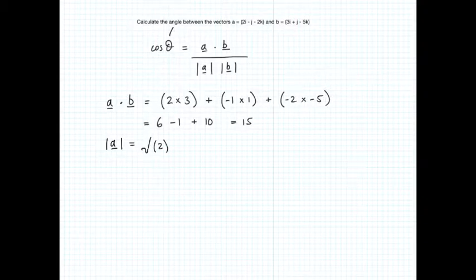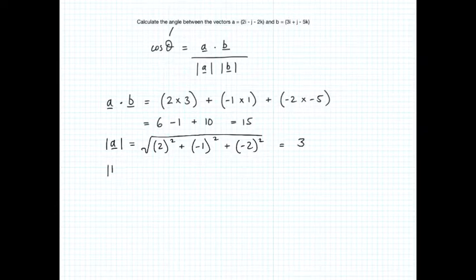So 2 squared. Now just for consistency, I'll write the minus 1 in, but obviously as we're squaring it, it won't make any difference. So if we evaluate that through, we've got 2 squared plus 1 squared plus 2 squared, square root the whole lot, and we get the value of 3.